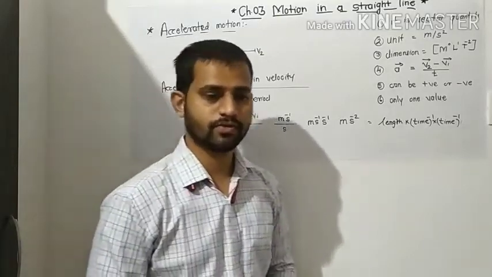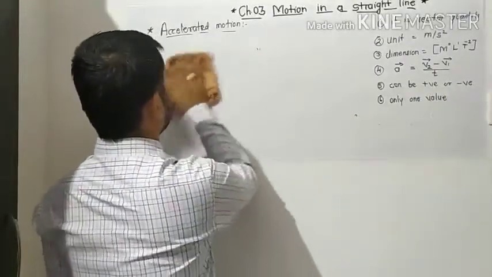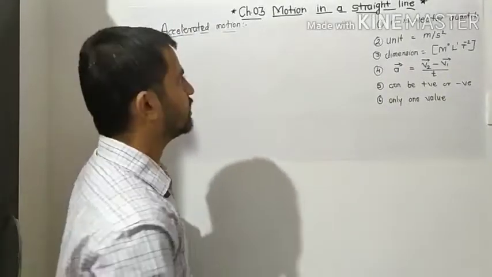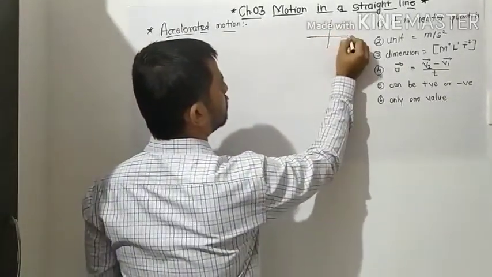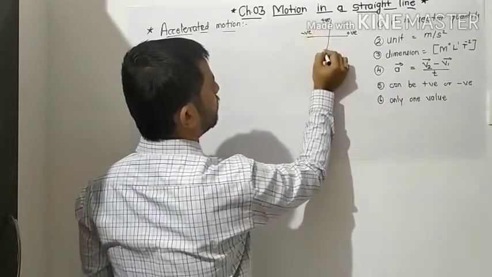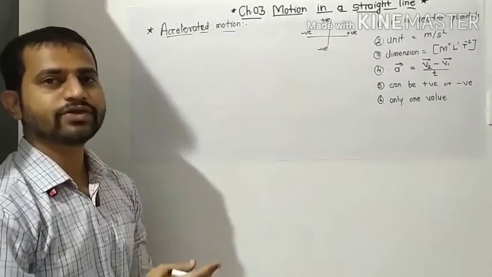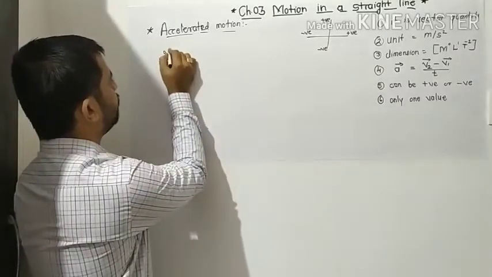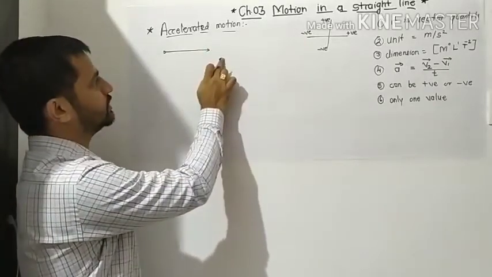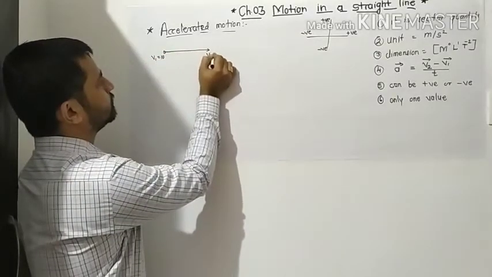Now if we take an example of the system, considering sign conventions as positive and negative. Suppose the motion of a body is from this direction to this direction, with v1 equal to 10 and v2 equal to 15.